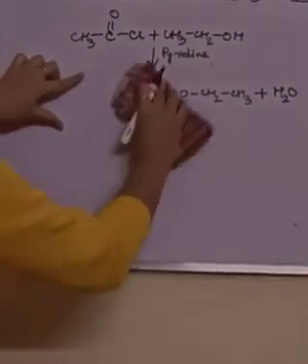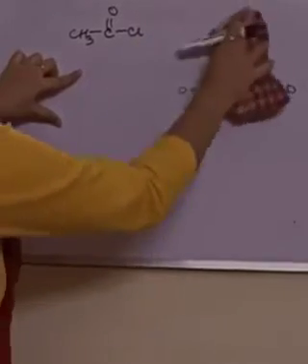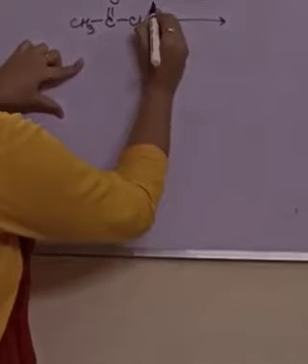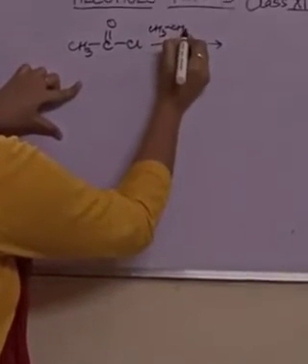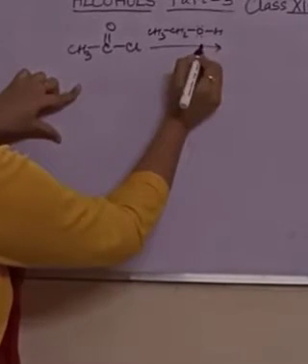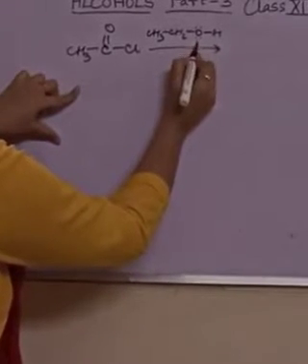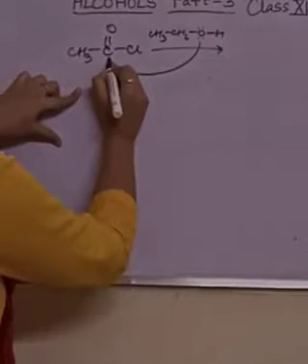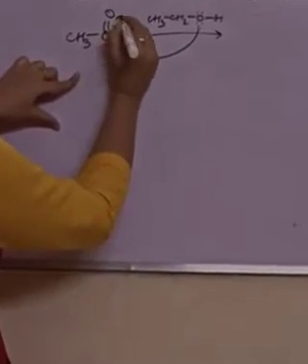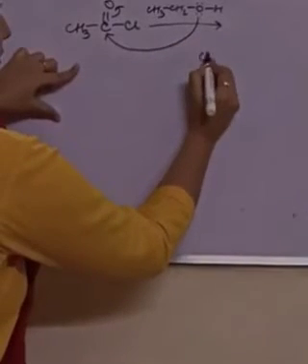Here what happens is that the lone pair on oxygen of OH will do nucleophilic attack on the carbonyl carbon. As a result, the double bond will be opened.